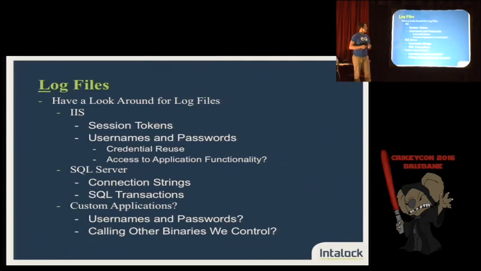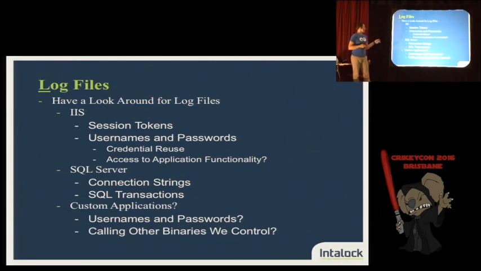Things like credential reuse, for some reason they might debug absolutely everything, including usernames and passwords going over. With things like SQL Server, you might have connection strings. I don't know why you have that in log files, but you might. SQL transactions might hint at usernames and passwords you can reuse and spray across the network.